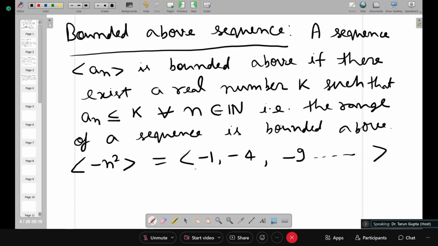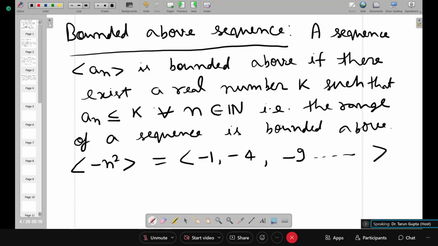Here, if we see this definition, a sequence an is bounded above if there exists a real number k such that all the terms of the sequence are less than or equal to k for every n belonging to natural number.